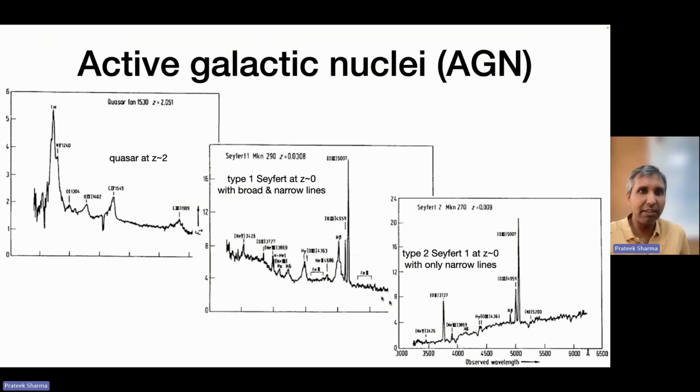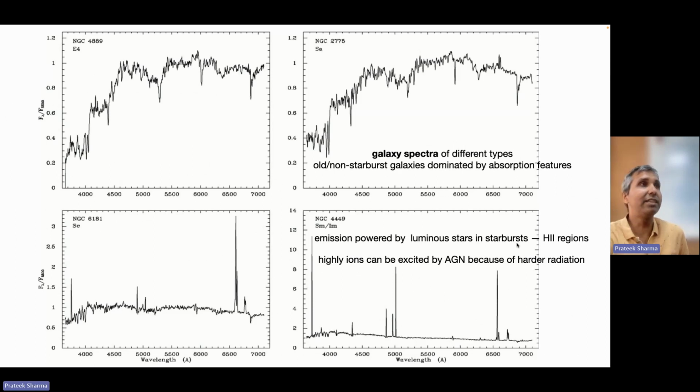The other difference between these lines powered by AGN and these lines powered by starburst is the ions which are prominent. The stellar radiation is optical, UV a little bit. It's dominated by lower energy starlight, whereas quasar or AGN radiation is harder. It has X-rays and gamma rays and so on. Harder radiation can excite higher ions. For example, it can excite very highly ionized species of oxygen, like oxygen 6, right?